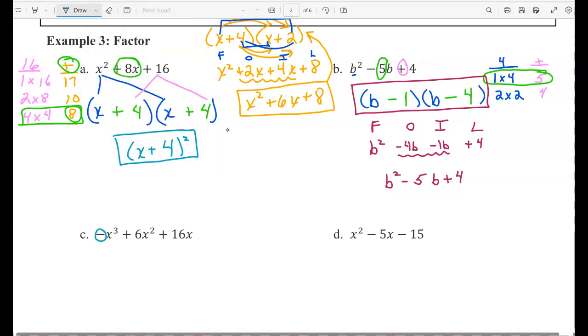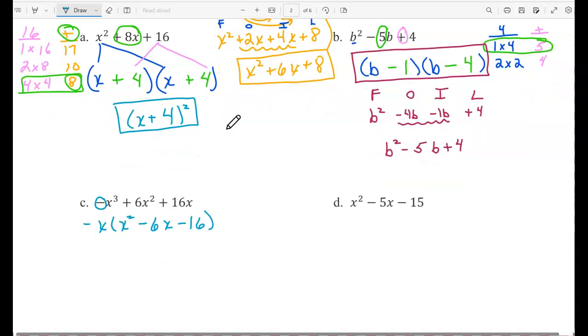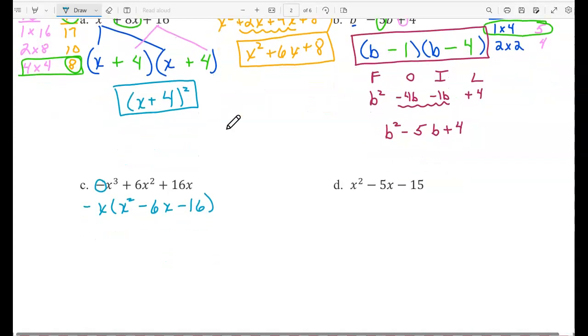We also have that guideline that says anytime you have a negative in the leading term, take the negative. So I'm going to factor a negative x. When I do that, I divide it out of each term. This would give me x squared minus 6x minus 16. Okay. So now I have something that resembles the format in this section that we're talking about.